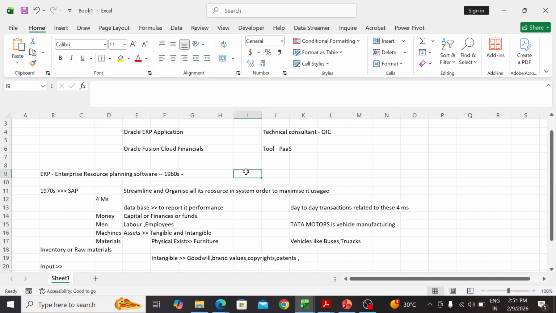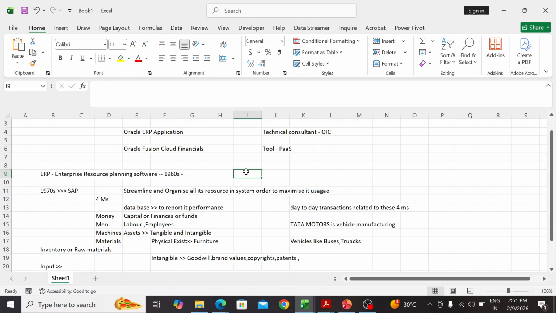ERP software. In simple words, whether it is SAP or Oracle, IBM mainframes, Salesforce CRM, Microsoft Dynamics 365, whatever the ERP software it is, the ultimate objective of these softwares is to capture and maintain the database of these 4Ms and to report the results of their performance.